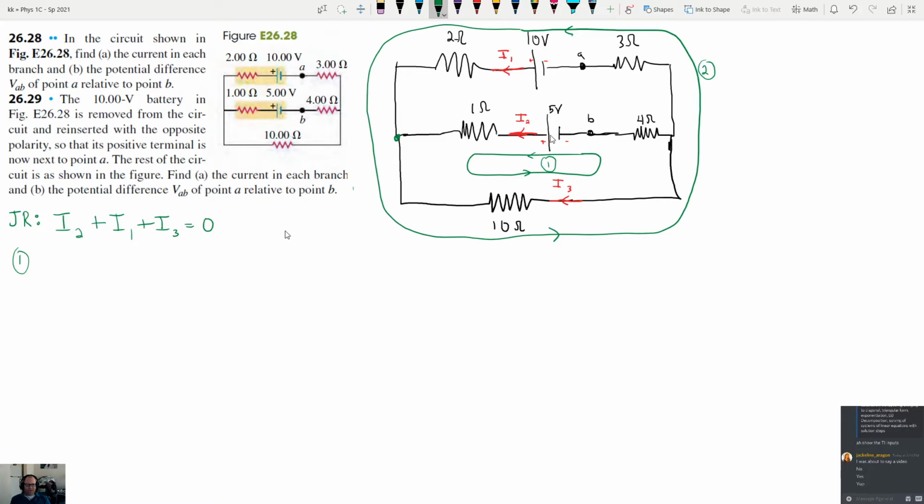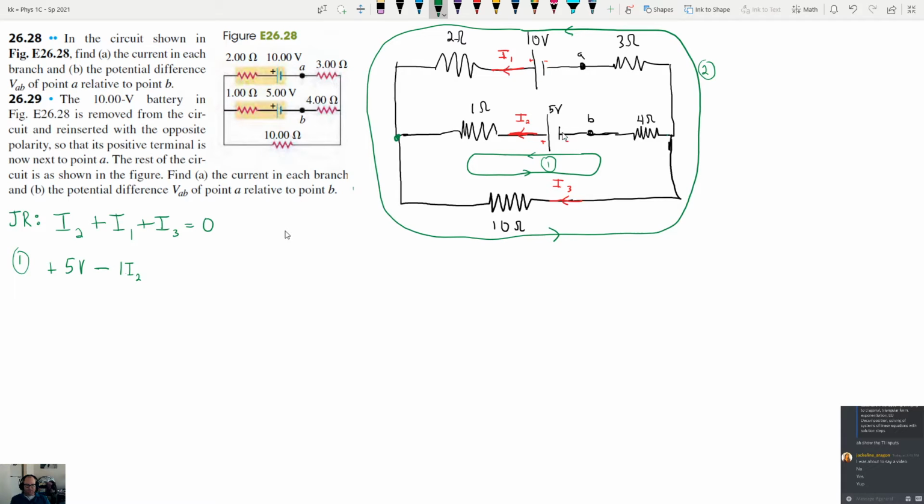Going from negative to positive, what do I get? Positive or negative 5 volts? Positive. Yeah, positive. What about the I2 here? Negative 1 I2. Let's keep going.